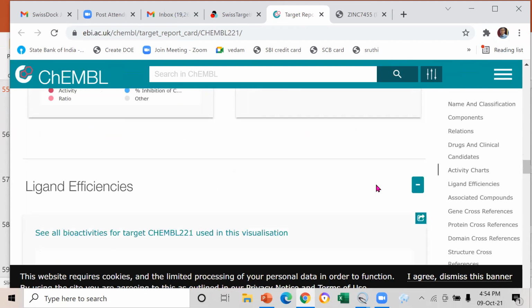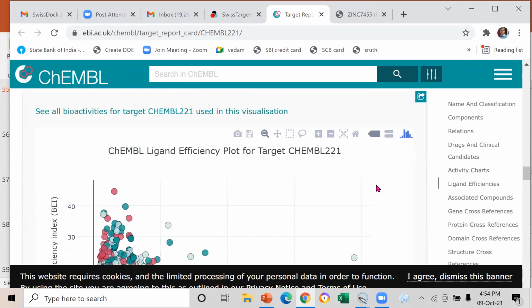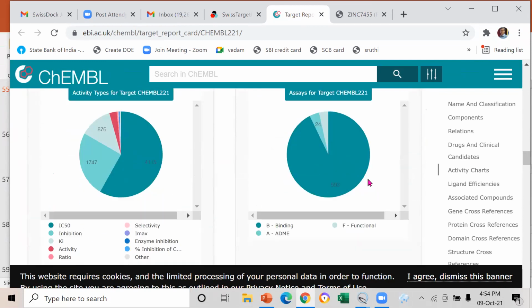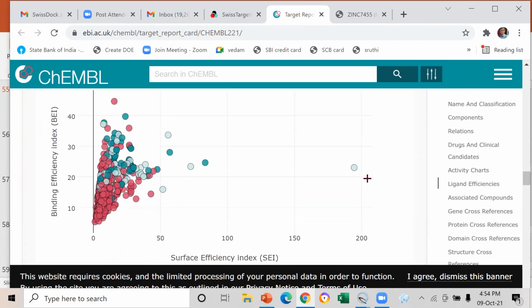That's the beauty of it. If I have this enzyme, what type of experiments can I do to measure the activity of a ligand? Then binding and affinity, all reported binding affinities.